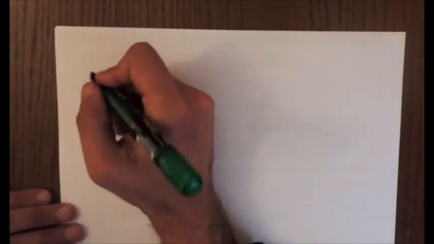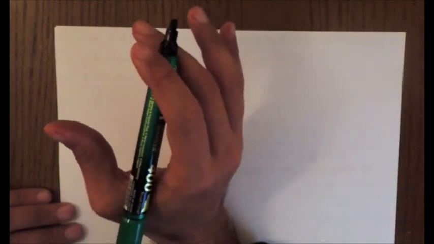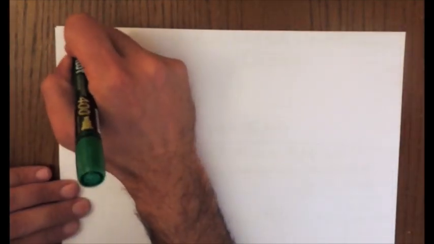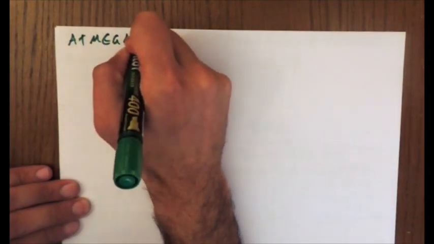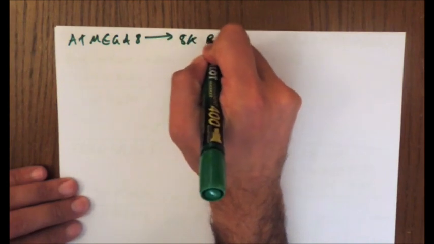Now, since the AVR microcontrollers come in different ROM sizes, I don't have to always redesign the PC to accommodate all these ROM sizes. So, for example, Atmega8 has 8K ROM.